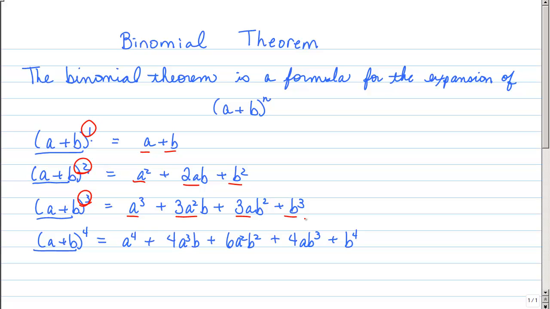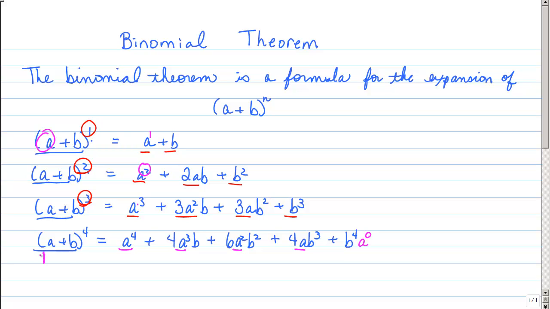Another pattern I want you to notice is the powers on a and b. So look at the powers of a. We have it to the 1st, then the 2nd, 3rd, 4th, but as we get here, it starts out with a to the 4th, a cubed, a squared, a, and this is really a to the 0, which is just 1.